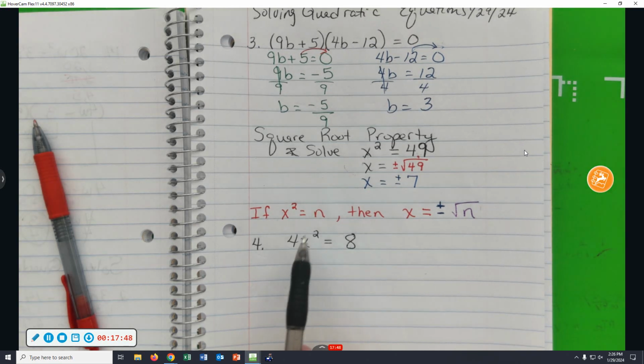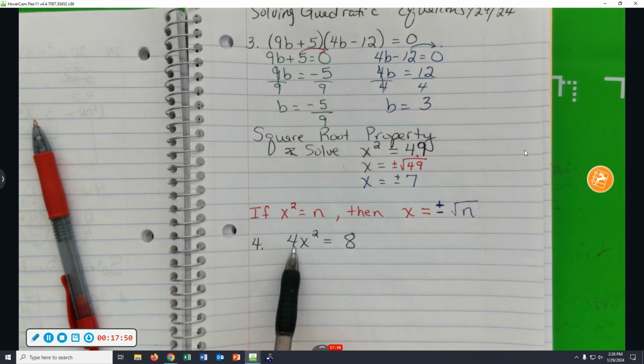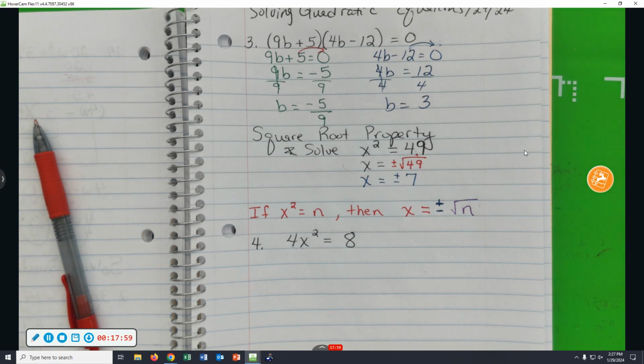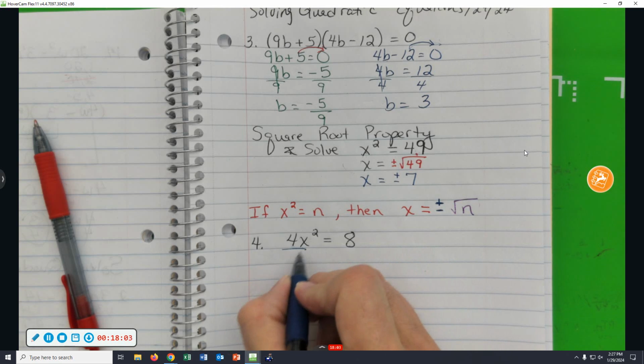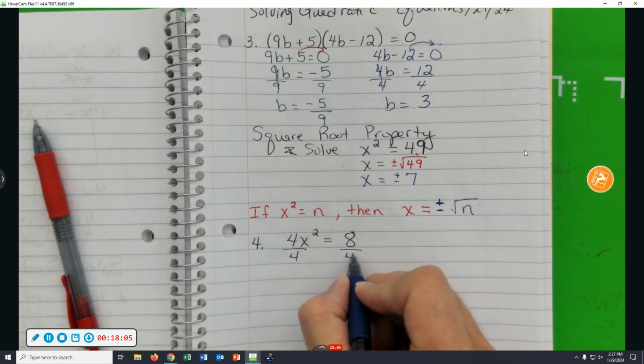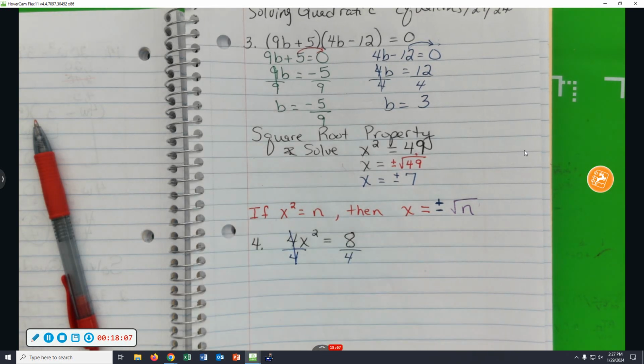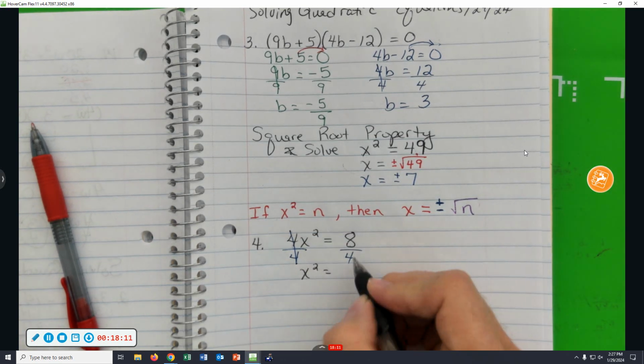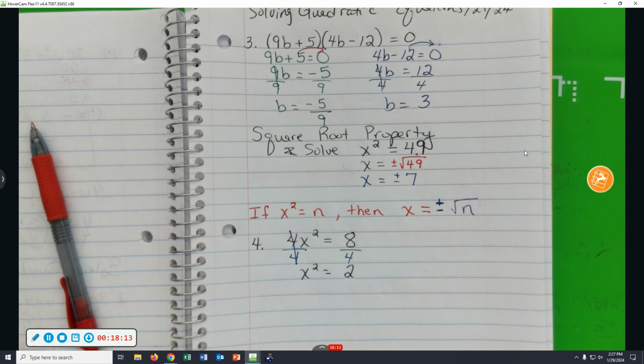Okay, it's not just x squared, there's a 4 right there. What could I do to both sides to get rid of that 4? I'll give you the choice. Would I subtract 4 or divide by 4? Divide. Divide both sides by 4. And we have x squared. 8 divided by 4 is 2.